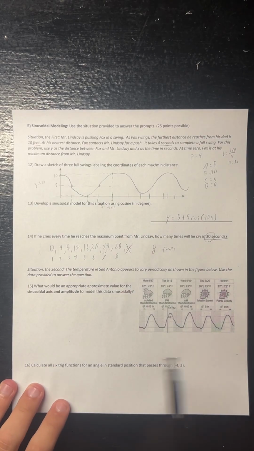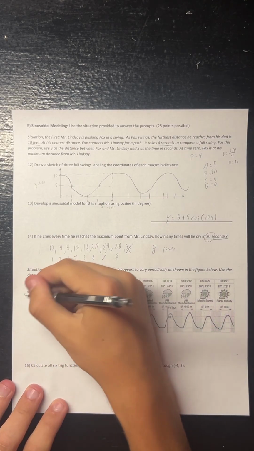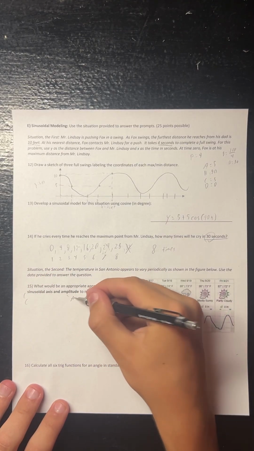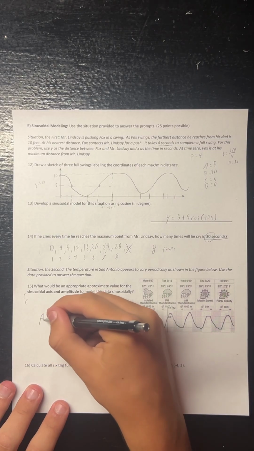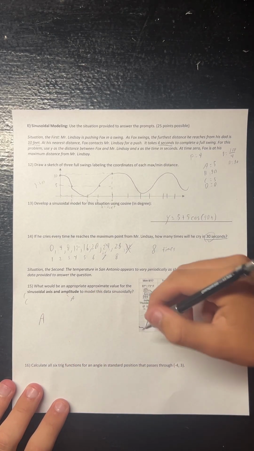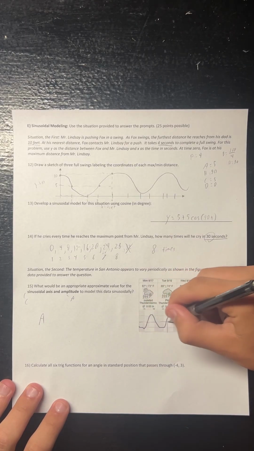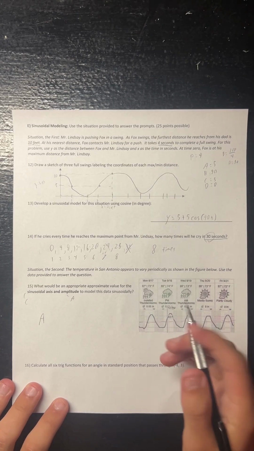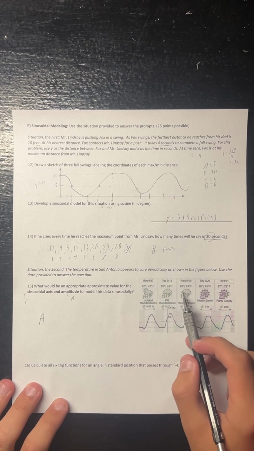All right, now this question asks, what would be an appropriate approximate value for the sinusoidal axis, which is fancy for C, and amplitude, which is fancy for A. So this is pretty simple. If we're trying to find our amplitude, we have to find the midline, which is C. The midline looks like it's around here, right? And we can actually find the midline ourselves using the max and min.